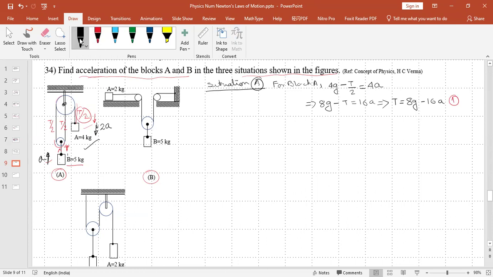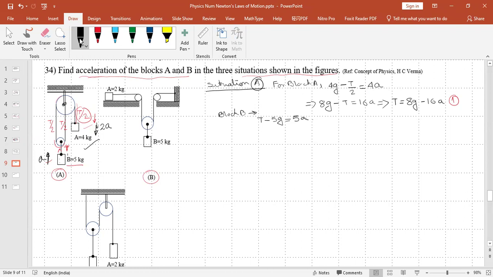Then we go to block B, situation A, block B. Block B, the upward force is tension T minus downward force 5g is equal to upward acceleration multiplied by its mass 5.